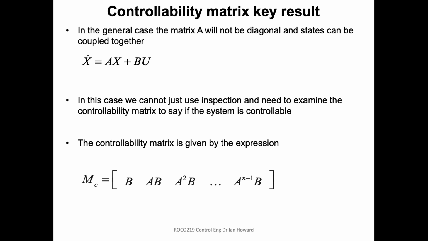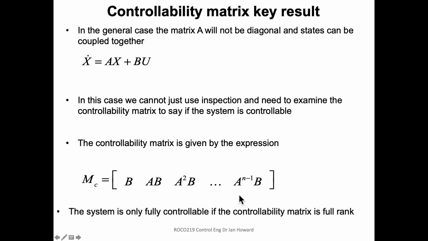The controllability matrix is given by the following expression: B concatenated with AB, concatenated with A squared B, and so on up to A to the n minus 1 times B. Depending on the order, we have a different number of these terms. If we had a second order system, we just have B and AB in here.